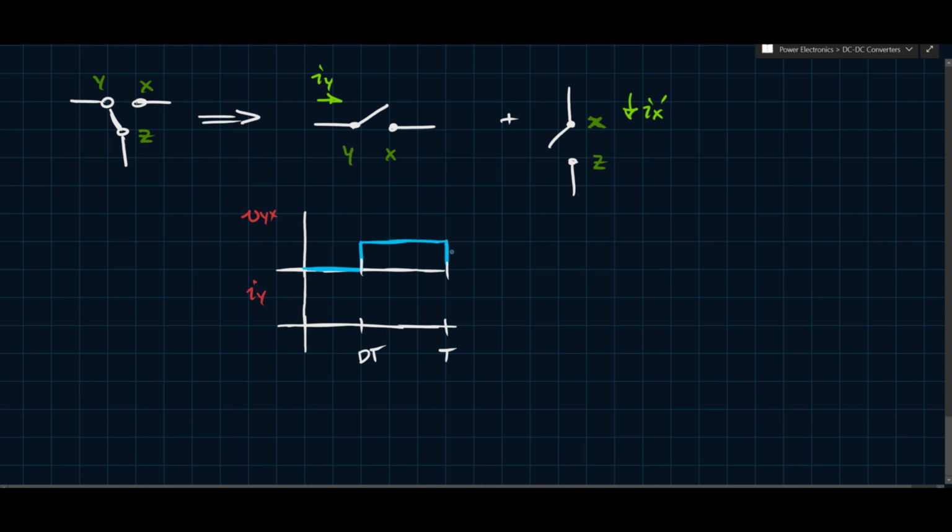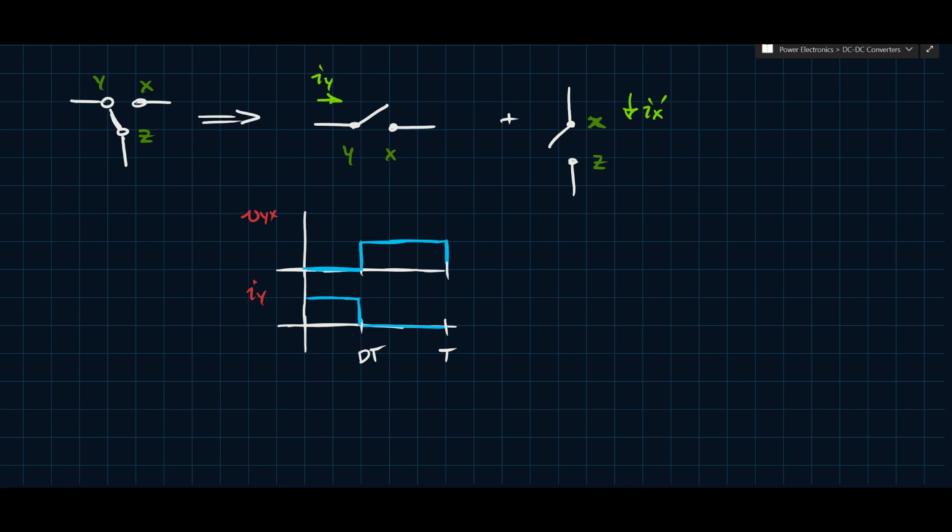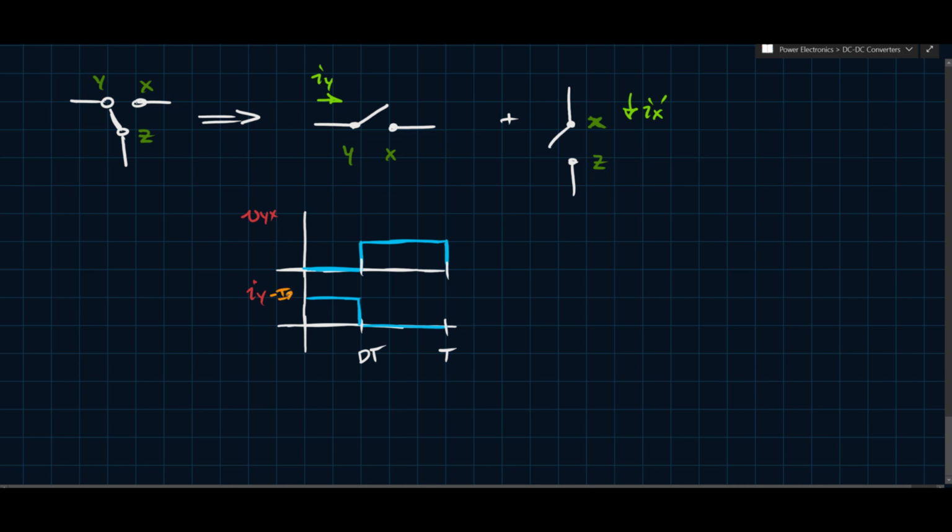While this is on, it will be conducting some current, otherwise it's not really on. The magnitude of this current we're going to call minus I2, and this voltage here will be V1. That's the voltage drop across Vxy when this thing is on.